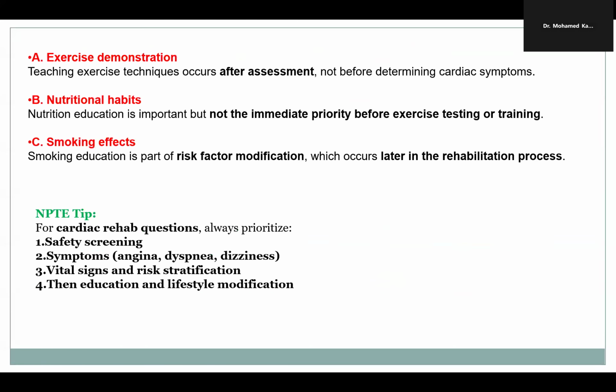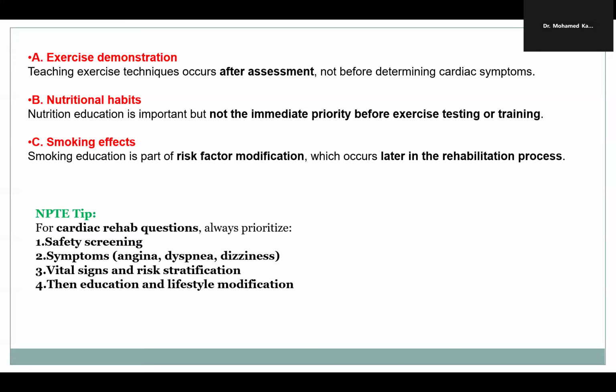Incorrect answers: exercise demonstration. Teaching exercise techniques occurs when? After assessment, right? Not before determining cardiac symptoms. This is the next step, not now. Nutritional habits, yes, nutritional education is important as well, but it is not the immediate priority or the first thing we do.